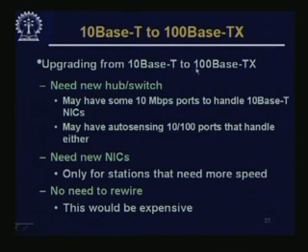Now, upgrading from 10BASE-T to 100BASE-TX. What you need is new hubs and switches, which may have some 10 Mbps ports to handle 10BASE-T NICs, or may have auto-sensing 10/100 ports that handle either. These auto-sensing ports are quite common. As a matter of fact, most of the network interface cards that you get today are 10/100, that means auto-sensing ports. They sense what network device is on the other end.